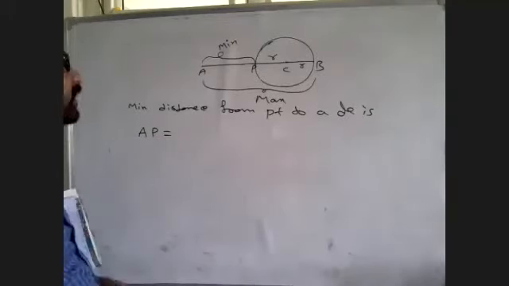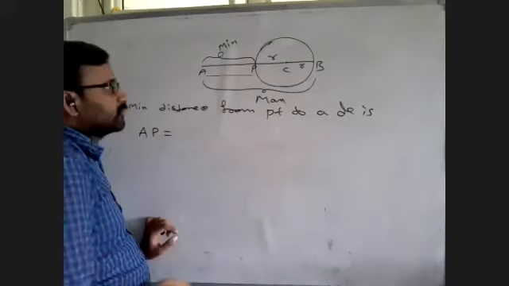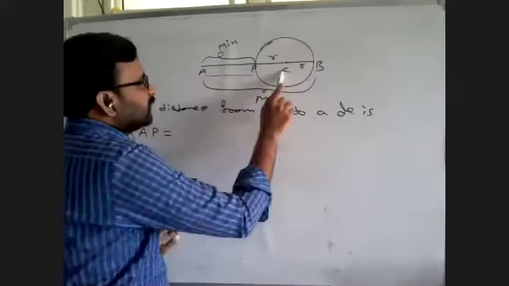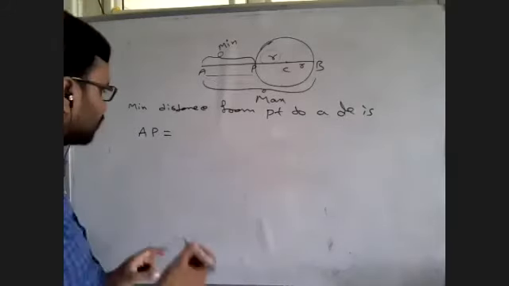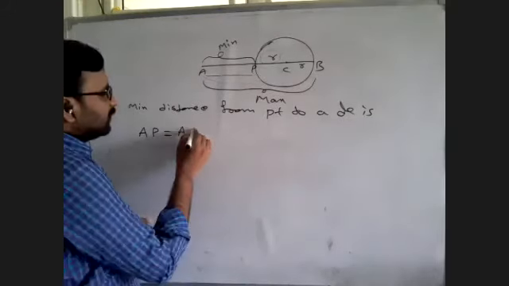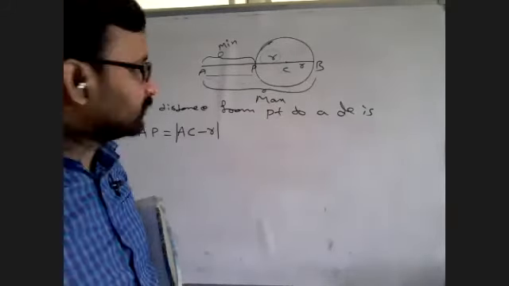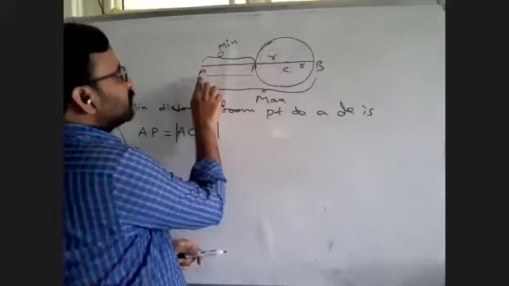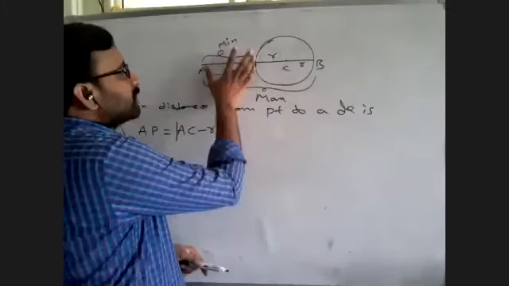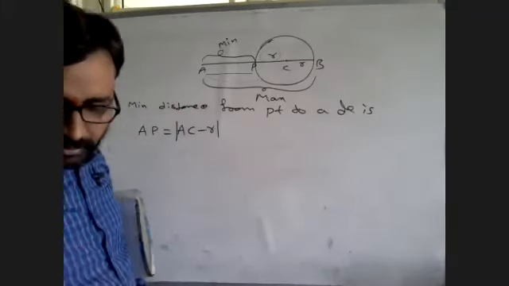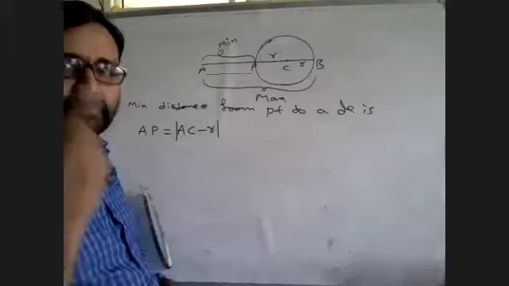So AP equals AC minus R. But distance should be positive, that's why I'm writing the modulus. From the total AC, the distance from the point to the center, we have to subtract only the radius. The remaining part is AP, which is the shortest distance, the smallest distance, the minimum distance.